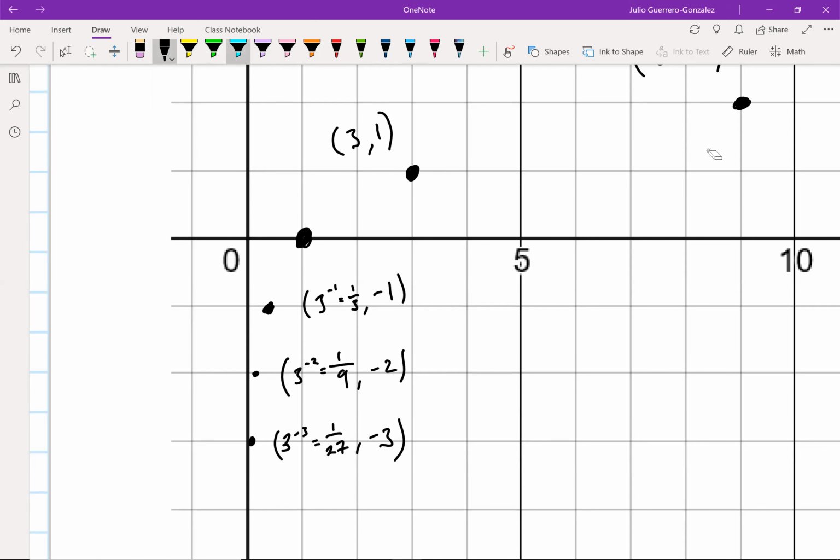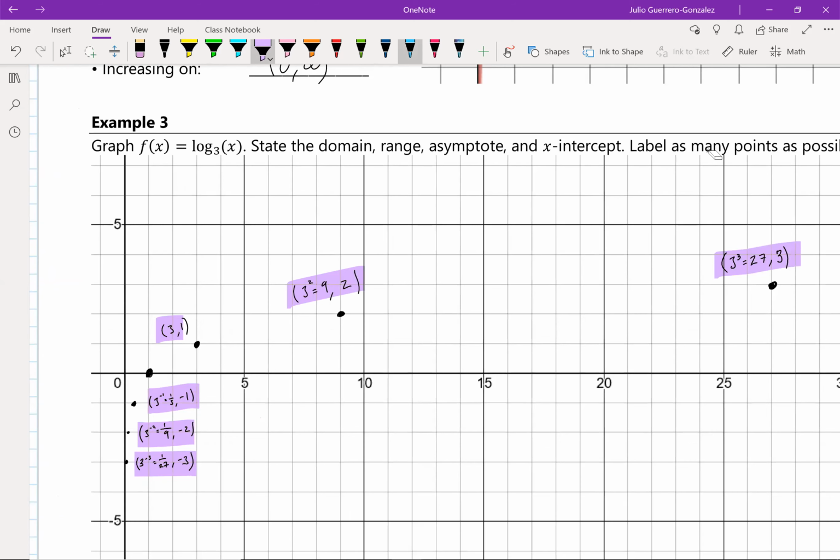One there, one there, one there. Make this a little wider for people to see. You guys got it? Now I think I'm ready to move on to the next one if everybody else is. Let me just go ahead and connect the dots really quick.